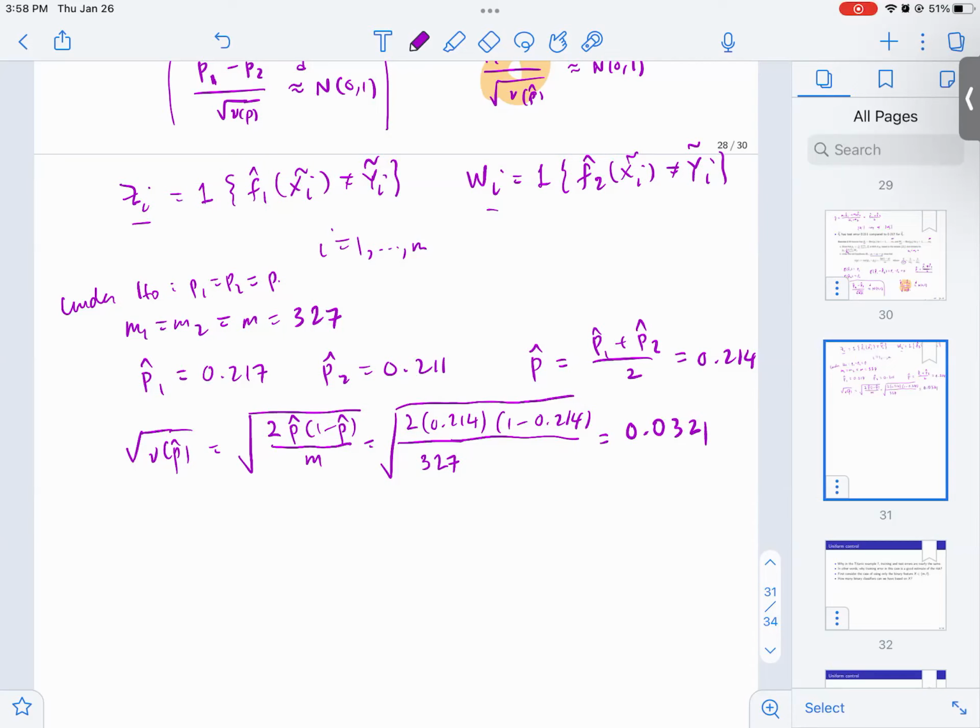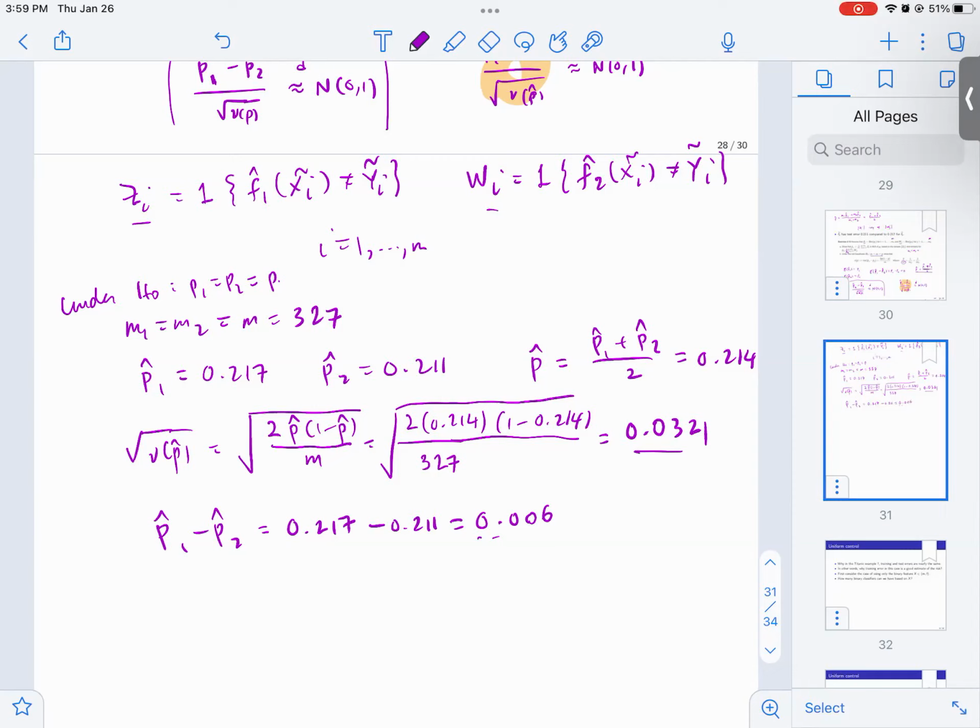This is saying that if I look at the difference p hat 1 minus p hat 2, which is 0.217 minus 0.211, this is roughly 0.006. This is the difference that I observe in the test errors, but the standard error says how uncertain I am, which is of this order.